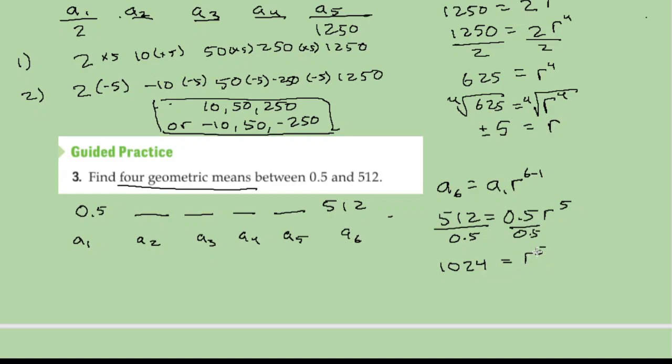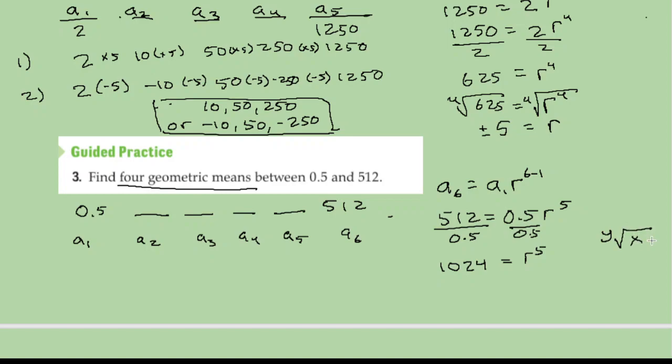Now, because this is an odd root, that means it has to be either only positive or only negative. This isn't like the even ones where it can be both. So I'm going to put into my calculator 1024, and then use the root function on your calculator that looks like this.